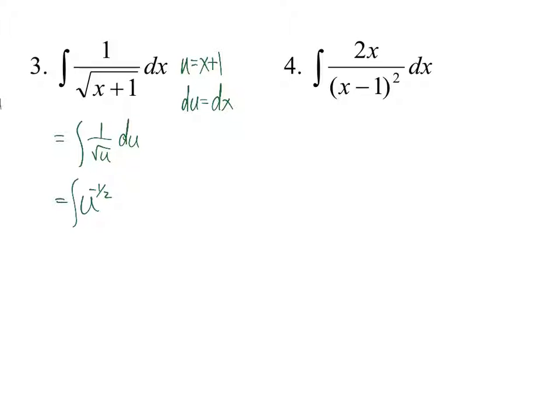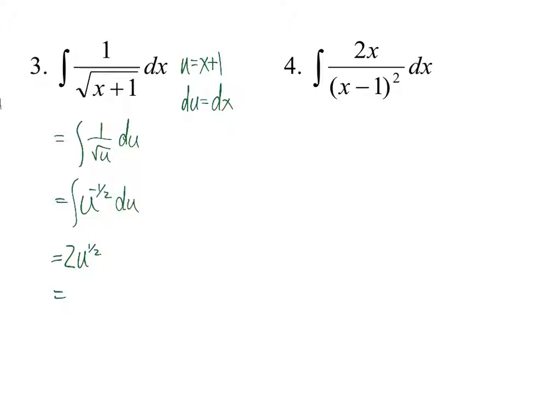Okay? So I'm taking the integral of u to the negative 1/2. So I don't need the ln in this case. This isn't a negative 1 power. All right? I add 1 to the exponent. It's u to the half, divided by 1/2, so it's times 2. Okay, so it's 2 radical u.